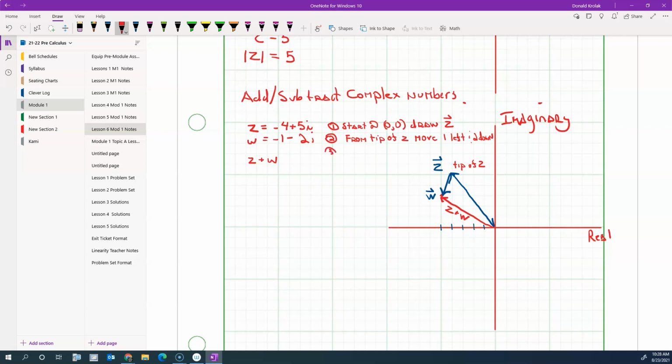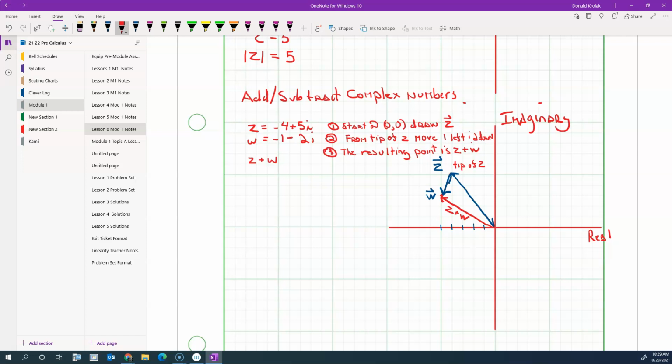The resulting point is z plus w. That's known as the tip to tail method, and that's how you add vectors.